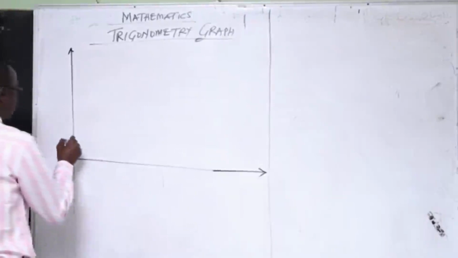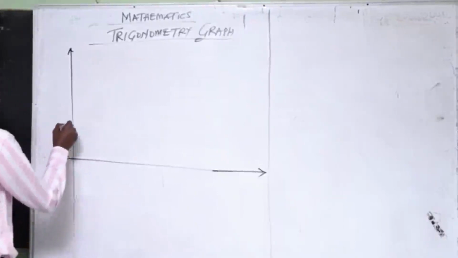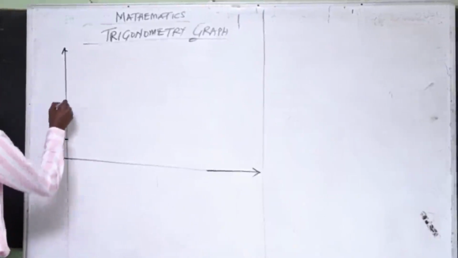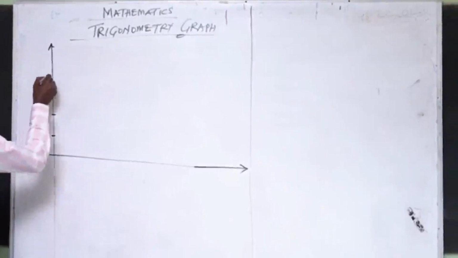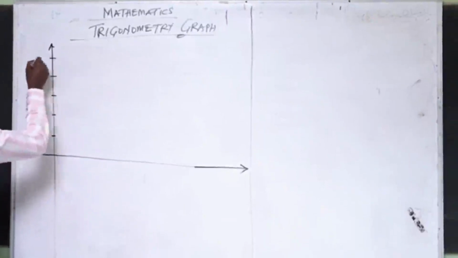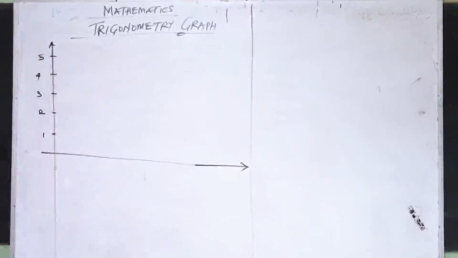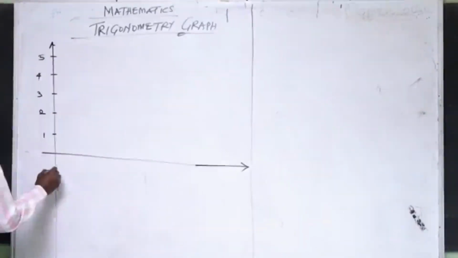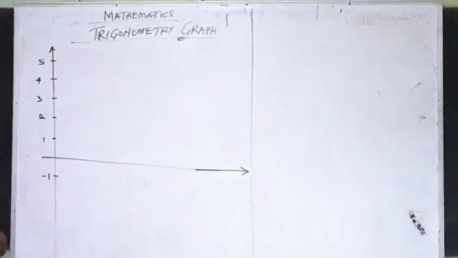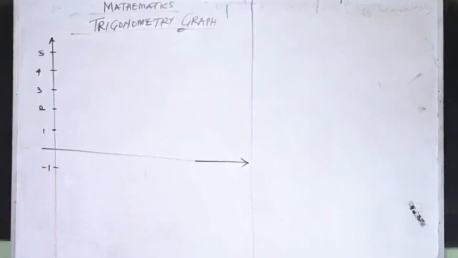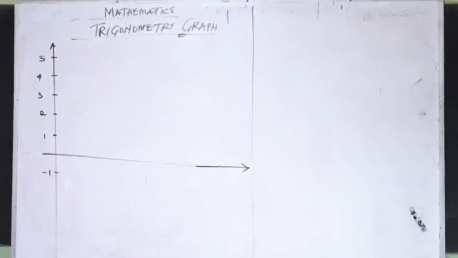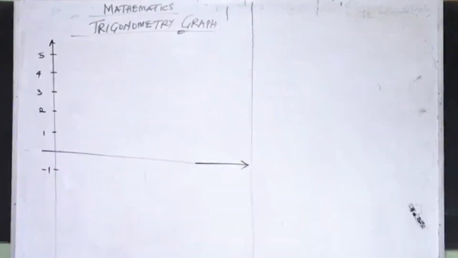So that means this is 1, this is 2, 3, 4, 5. As much as possible, my 5 should show. Then, the value you have on negative y-axis. Yes. What are the values?